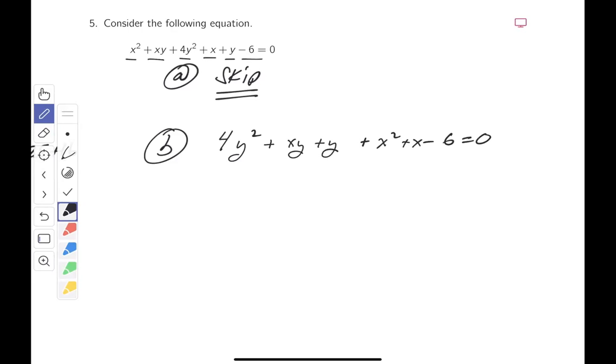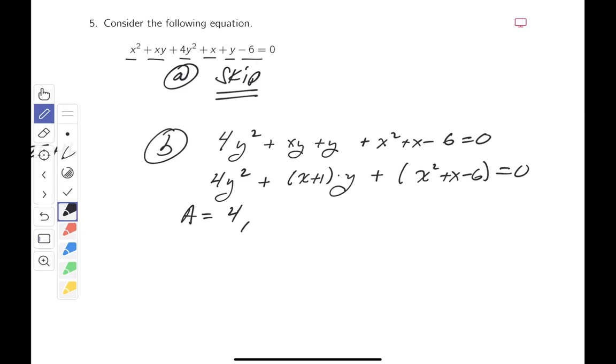Let's talk about this. 4y squared plus some multiple of y, which would be x plus 1 times y, plus something over here. Let me point out what this is. A is 4, B is x plus 1, and C is x squared plus x minus 6. Yeah, it looks nightmarish. No doubt about it.